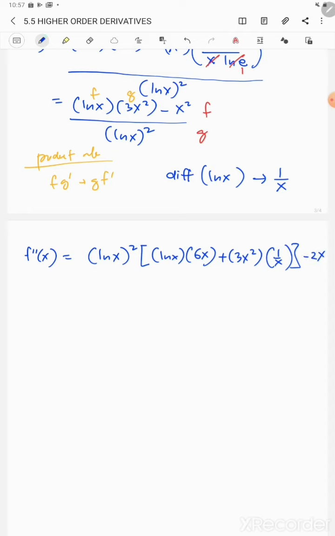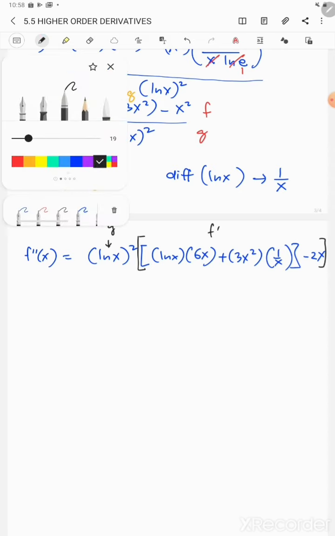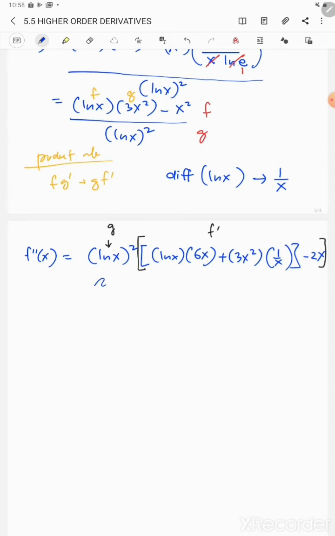Now we have another bracket. This is g, remember. This part is f prime. And then minus.